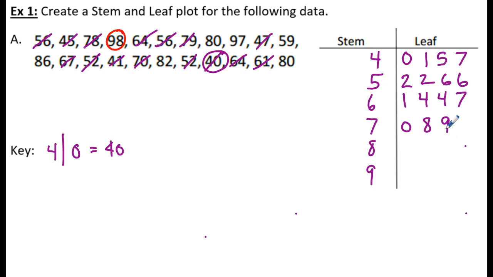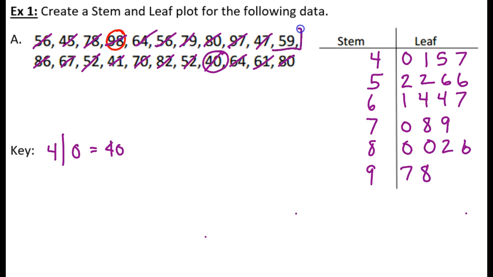Into the 80s, I have an 80 and a second 80, so put down 2 zeros. I have an 82, an 86, and then into the 90s I have a 97, and finally a 98.